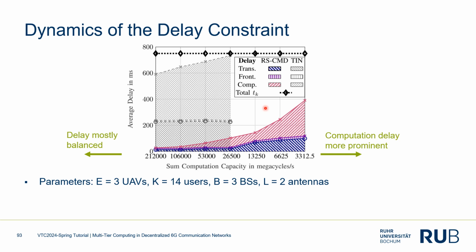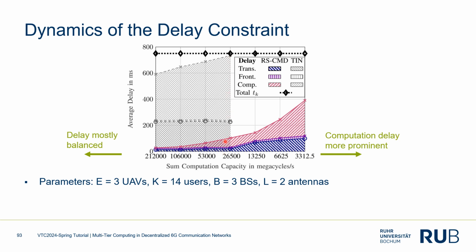This is also reflected in the computation delay: this is the computation delay of the treating interference as noise scheme, and this is the computation delay of the rate splitting scheme in red.